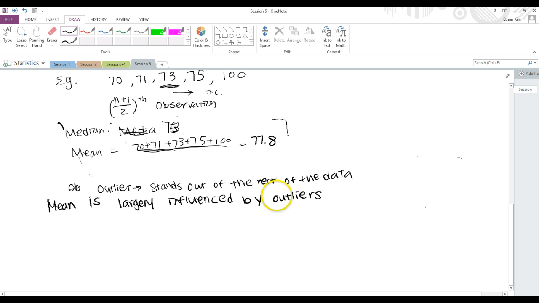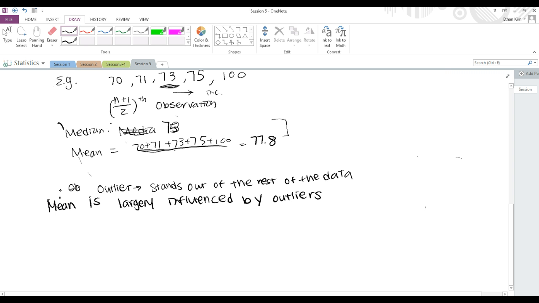We're going to talk about this later on, the shape of the distribution. And by distribution, I mean how the data set is displayed.